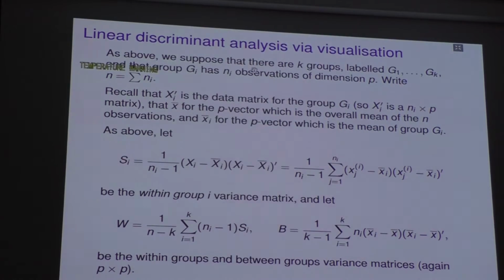Okay. Well, there's our notation from last lecture about the individual group covariance matrices, Si, and W again is our within groups covariance matrix, and B is our between groups covariance matrix.